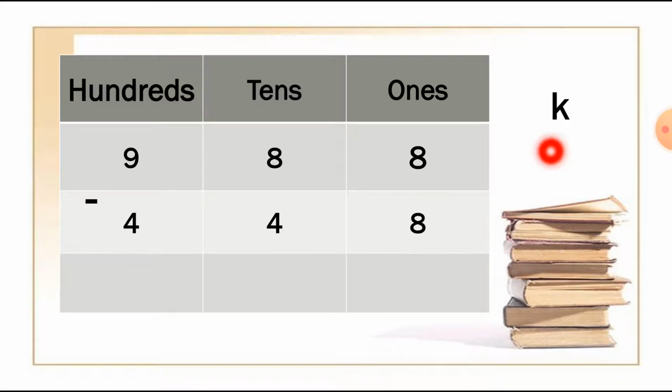Then sum number K, you have to write down with me. So you will improve the subtraction. 988 minus 448. I repeat this, 988 minus 448.